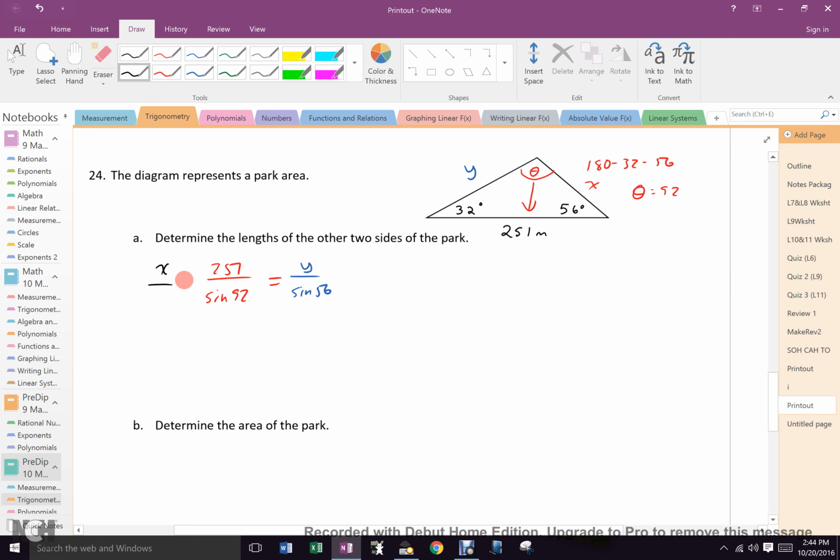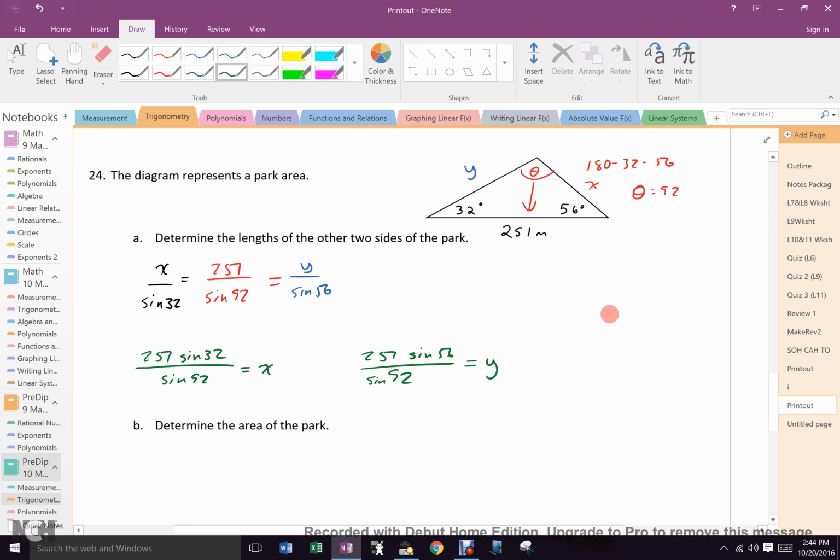So 251 sine 32 divided by sine 92 equals x, and 251 sine 56 divided by sine 92 equals y.